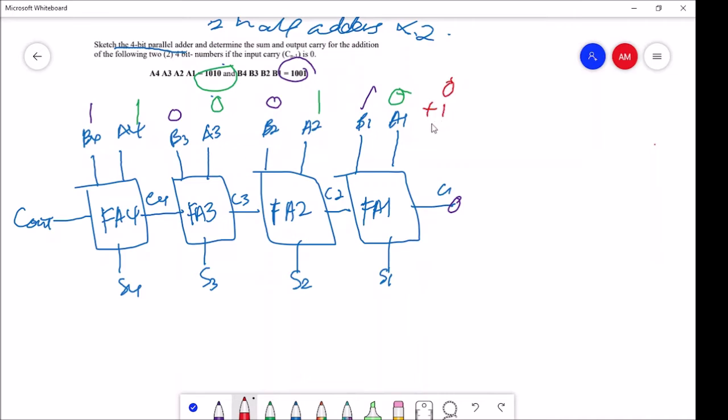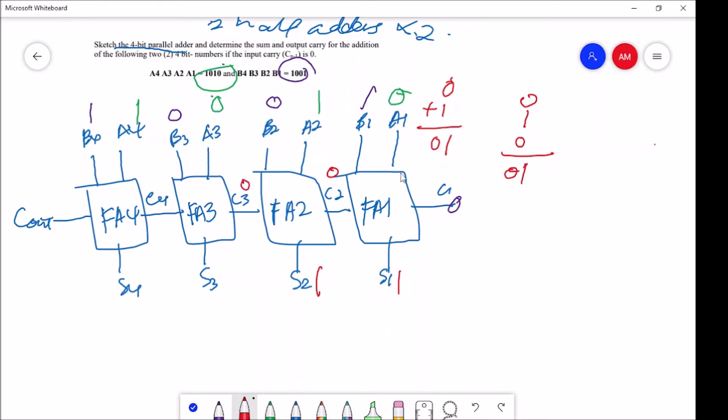Then we do the addition. 0 plus 1 is 1. 0 plus 1 is 1. Put 0 at C2 and 1 at sum 1.